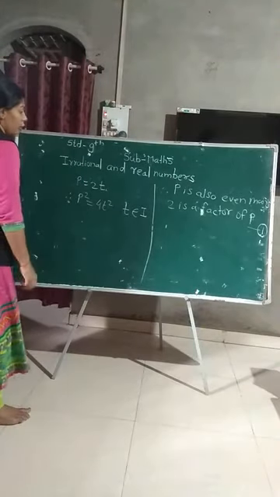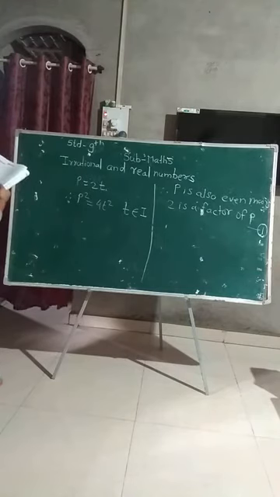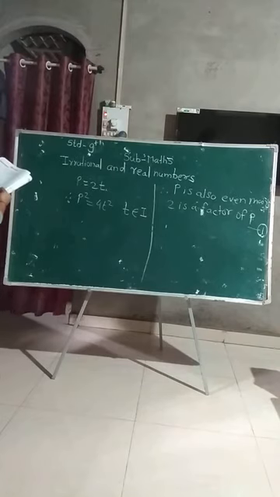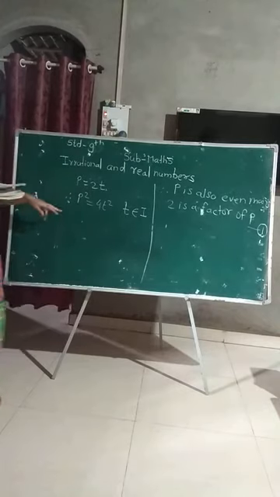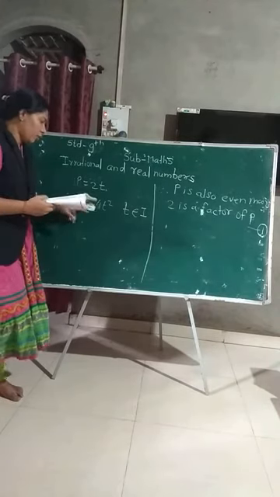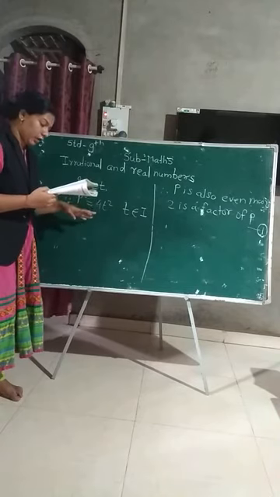We know the value of p, therefore we take squares on both sides. p square is equal to 4t square.